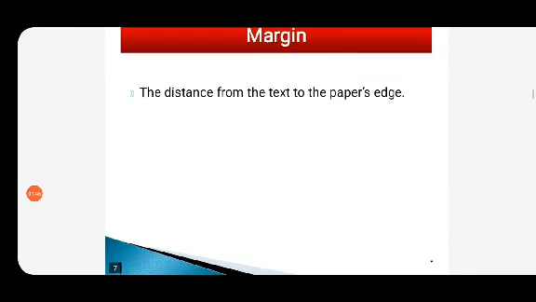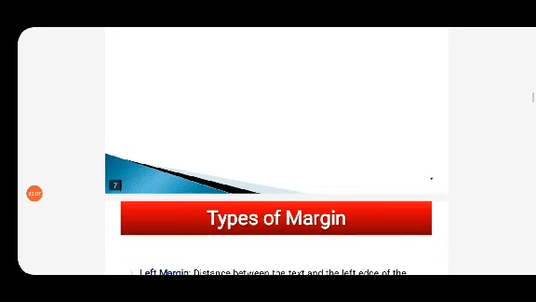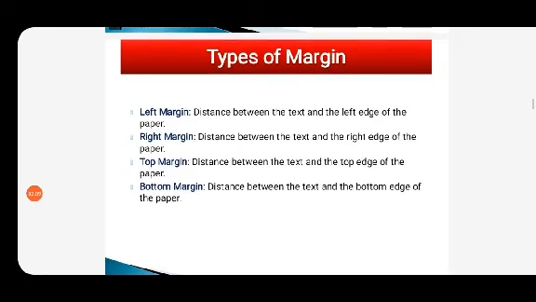So let us start with margin. Margin is the distance from the text to the paper's edge. We have already discussed margin in our previous session, but margin is again an important thing for page formatting, so we have to discuss it again. Just to recapitulate, the types of margin can be left margin, right margin, top margin and bottom margin.